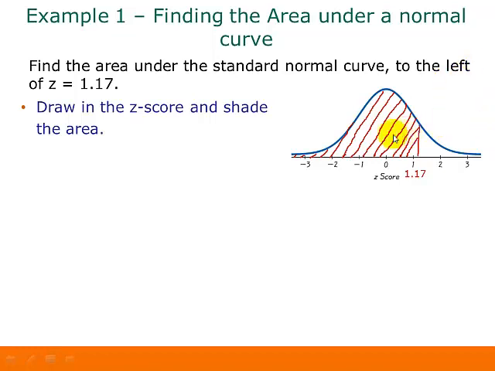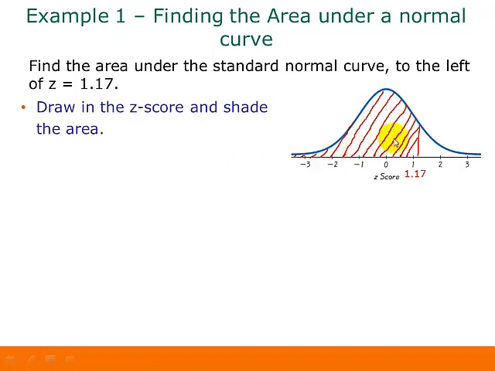Now we're going to use the picture to figure out what our lower bound and upper bound for the z-values are. Another thing about normal distributions is that they don't actually stop. They continue on in each direction, so both to the left and to the right.